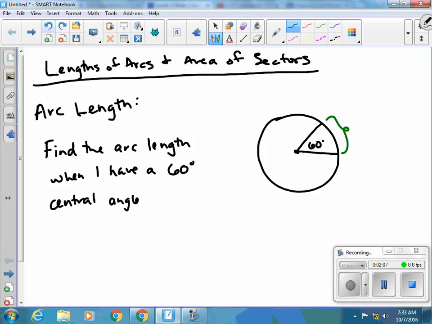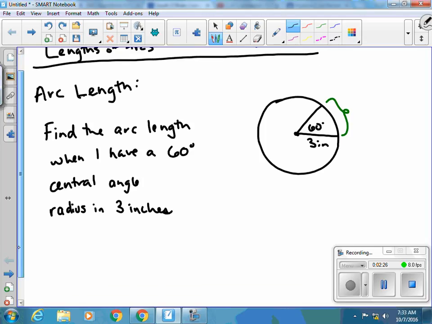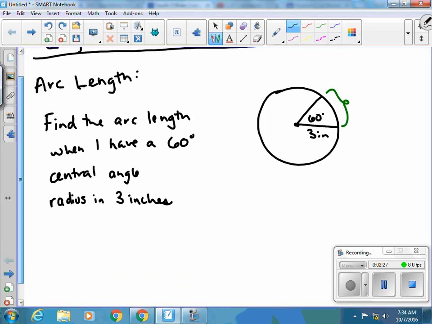Okay. Also, my radius, you need your radius length, is 3 inches. Okay. So how is this going to affect us? Well, we know that our whole circle here is 360 degrees.